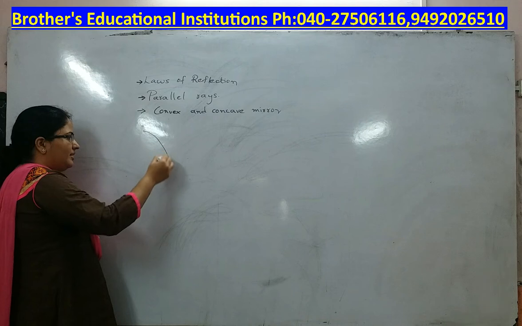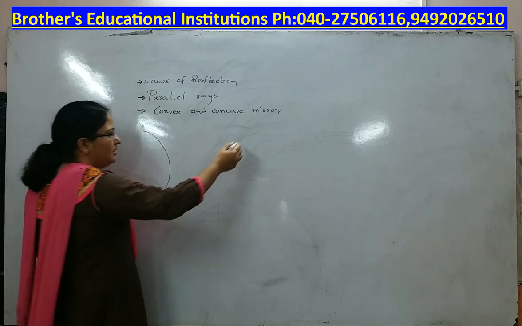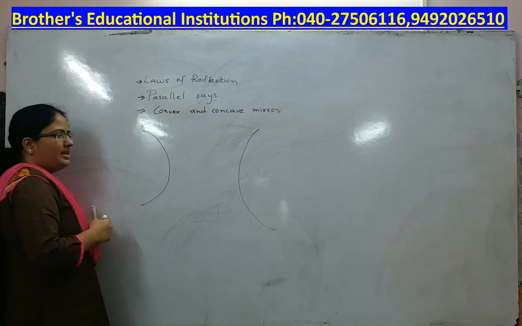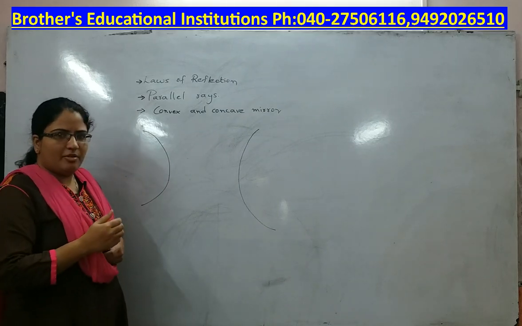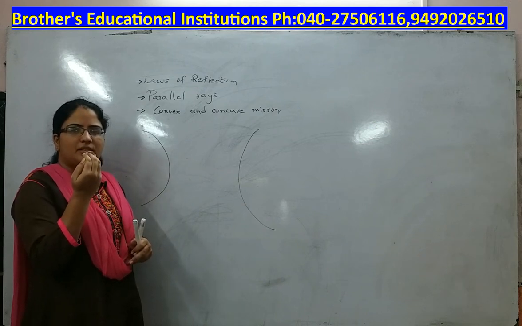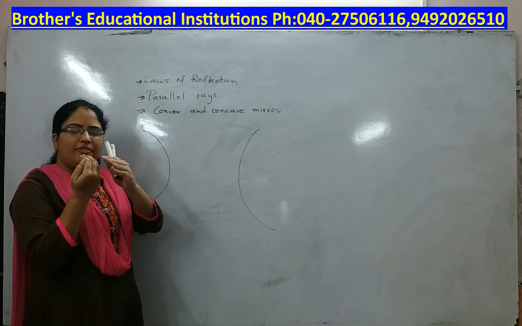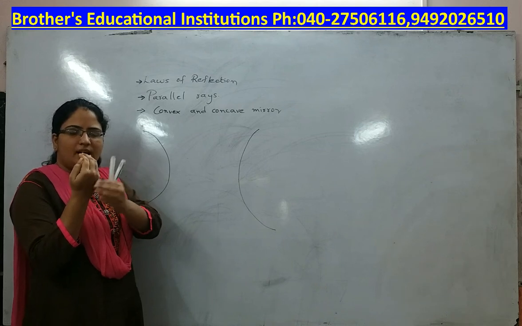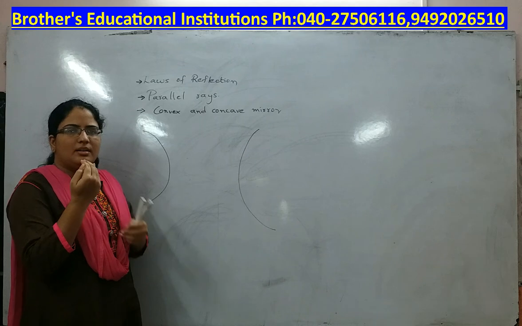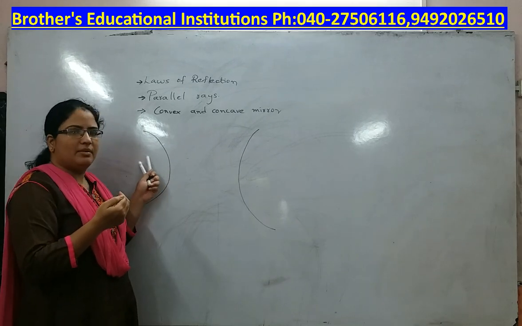They are curved mirrors. Let us take the help of your hand to understand this. Suppose this is a curved surface. If you have a mirror here and it is coated on the backside, this is called a convex mirror.